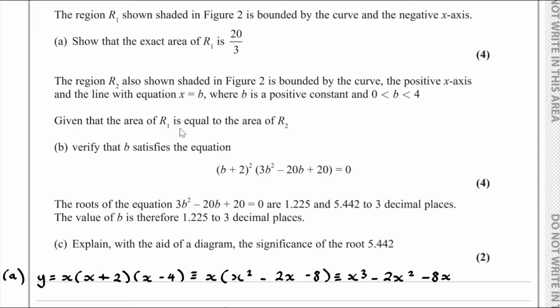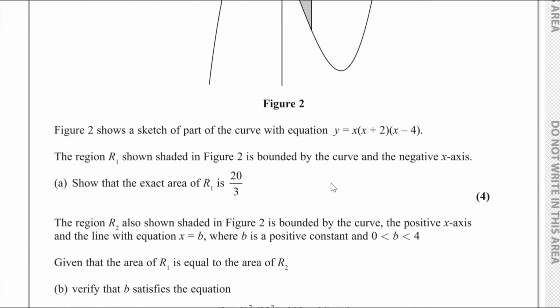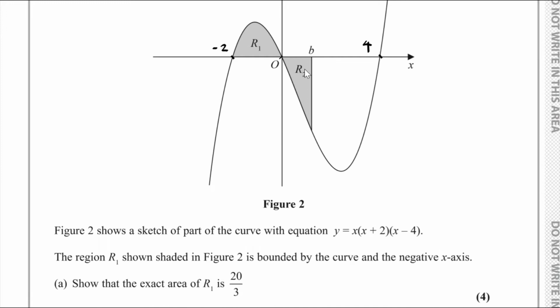Given that the area of R1 is equal to the area of R2, we have to verify that b satisfies the equation (b + 2)²(3b² - 20b + 20) equals 0. Now, if R2 is below the x-axis, the integral of R2 will be negative.